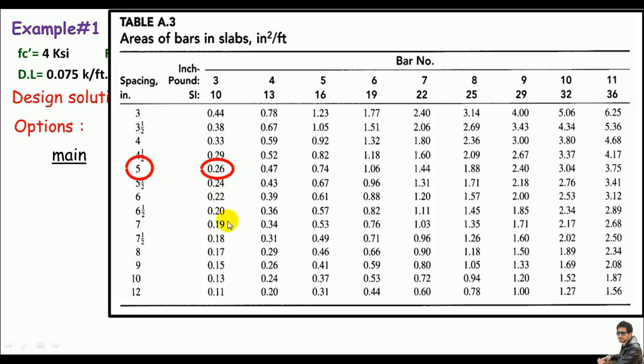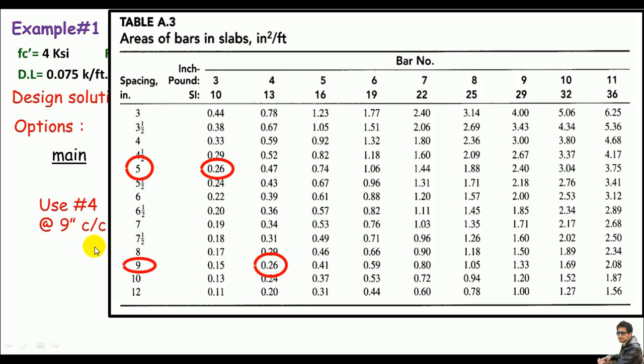Let me pick another option in number 4 bar. For number 4 bar we have 0.26 square inches and the spacing is 9 inches. So number 4 bar at the rate of 9 inch center to center. What's your decision now? I think the best choice will be number 4 bar at the rate of 9 inch center to center. So I'll say the main bar will be number 4 bar at the rate of 9 inch center to center.